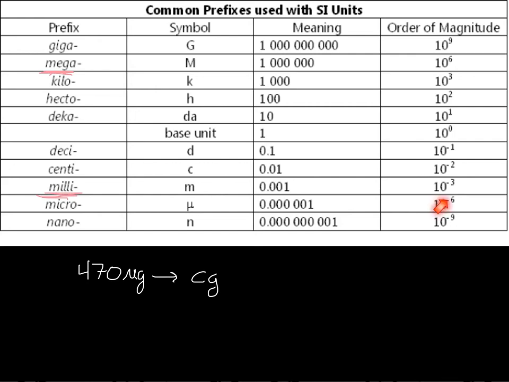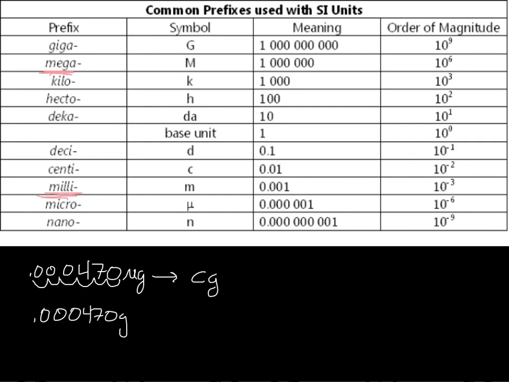So to do that, we can see right here that there's a -6, which means that we have to move the decimal 6 places to the left to get to our base unit right there. And so if we take our decimal right there and go 1, 2, 3, 4, 5, 6, that means we would have 0.000470 grams for our base unit.